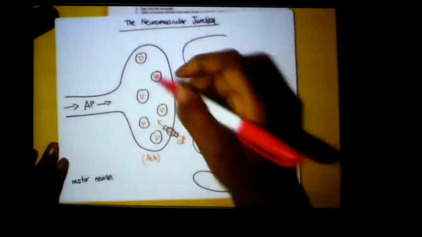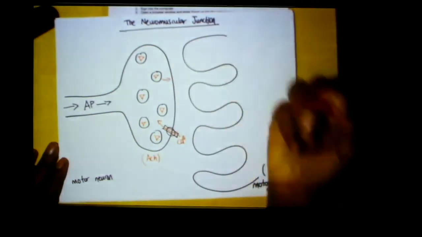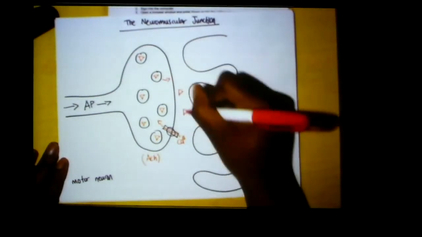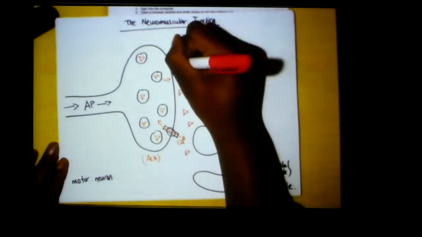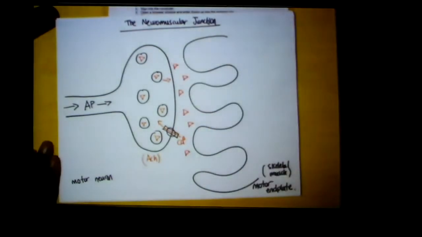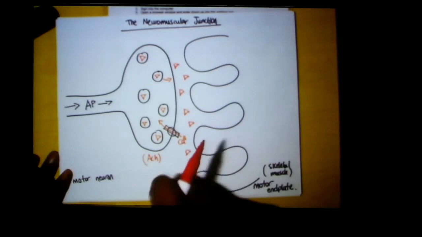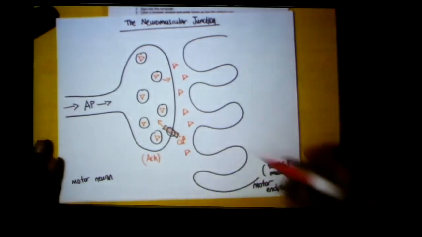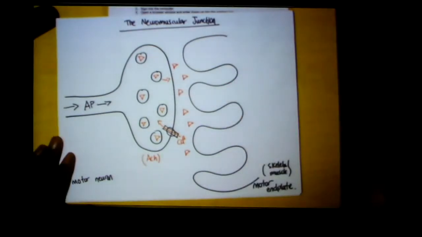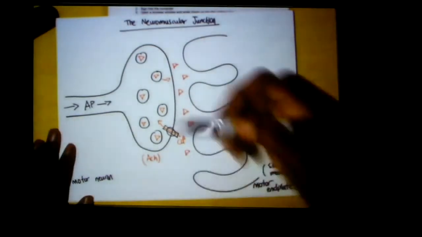This triggers the exocytosis of this vesicle, and this dumps all of this acetylcholine into the neuromuscular junction, okay? Now understand, I'm using a little bit different terminology here because there are some terms that are specific to the neuromuscular junction, okay? So this dumps that neurotransmitter into the cleft, and again, we have receptors here.